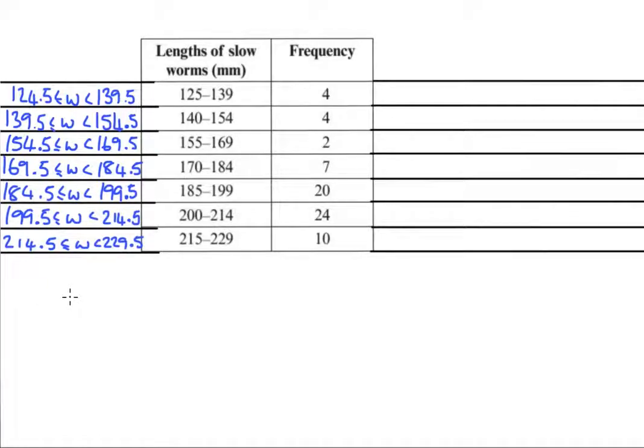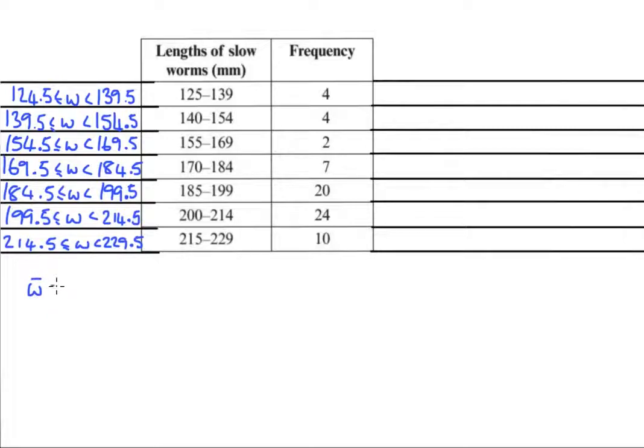You will always be asked for the mean and the standard deviation because you need the mean to find out the standard deviation. Now the formula for mean is, and I'm going to use X bar for that, or I should use W bar because I've used W here for my worms.